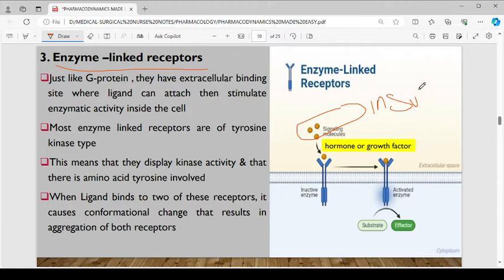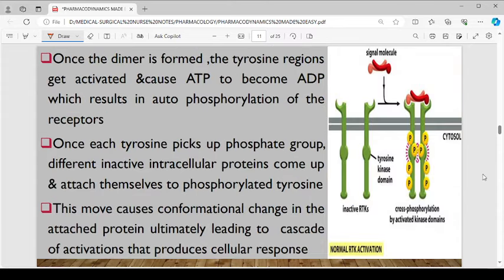So it's also good to know that most enzyme-linked receptors are receptor tyrosine kinases, all right? And this means that they display kinase activity, and there is an amino acid tyrosine that is always involved. So when a ligand binds to two of these receptors, it will cause conformational changes that result in dimerization of both receptors, and that brings about the cellular response.